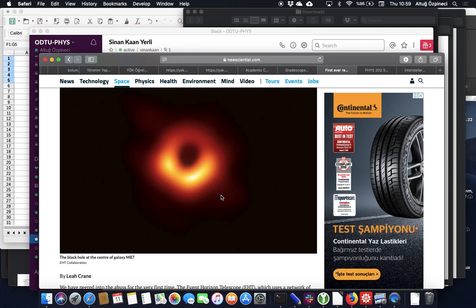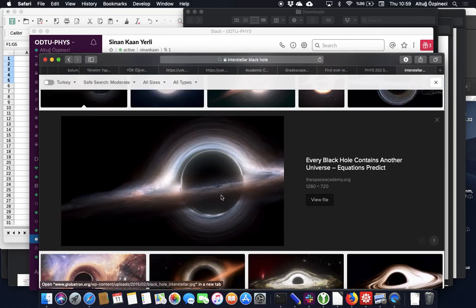Why do we think so? Because it's not uniform, but it's not tilted enough so that we don't see this image. So if the black hole is at the center, this is the accretion disk. If we were looking like this, we should see this, but most probably we are looking something like this, with a slight tilt.